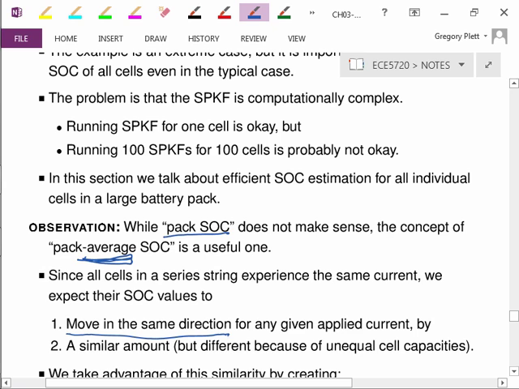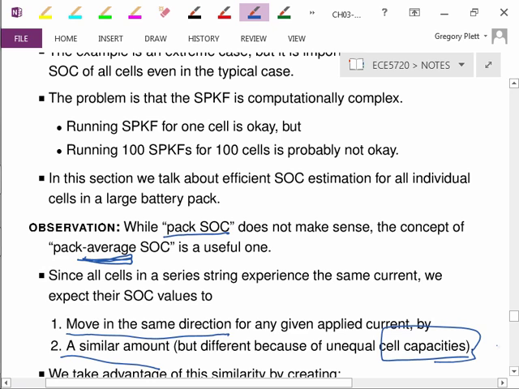If I'm discharging, they'll all decrease. So they'll move in the same direction and by a relatively similar amount. The difference would be the difference in cell capacities or possibly coulombic efficiencies, but usually that's not the issue. It's usually the capacity that can be different over time as cells age.